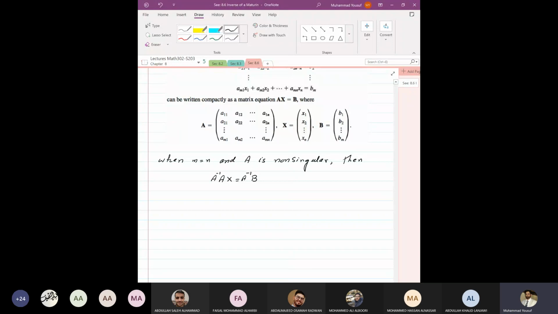Then A inverse and A will give you I. So I times X is equal to A inverse B, and I times X is equal to X. What we are left with is to compute A inverse times column vector B. So this is also a way to solve a linear system.